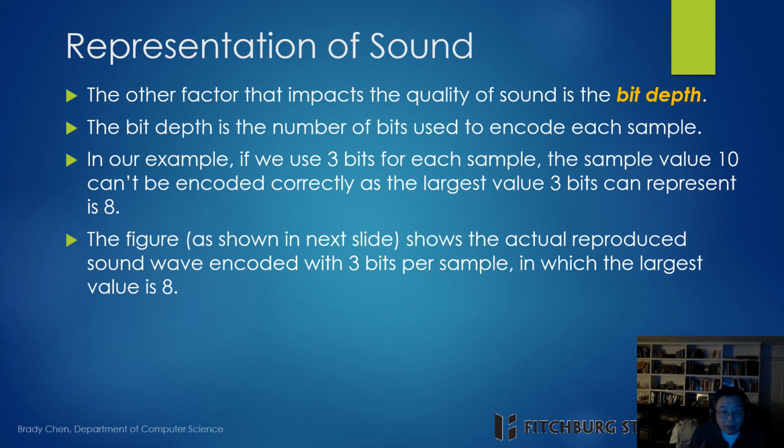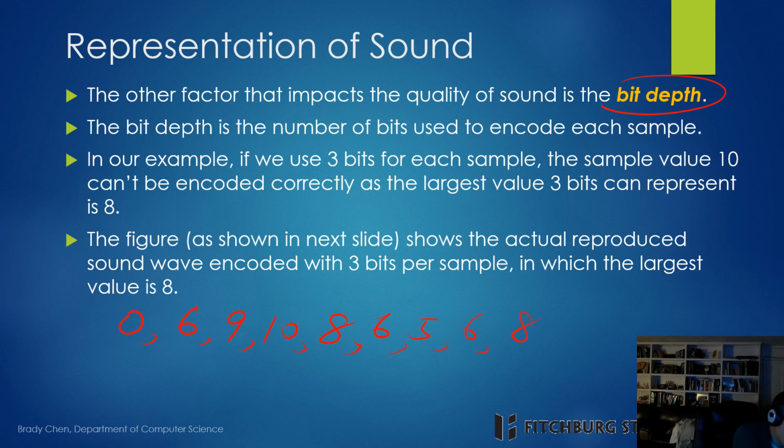Now, the bit depth is the number of bits used to encode each sample. Okay, remember in the example we used 4 bits to represent each of the sample data, right? Remember the sequence of amplitude was 1, 0, 6, 9, 10, 8, 6, 5, 6, 8, right?